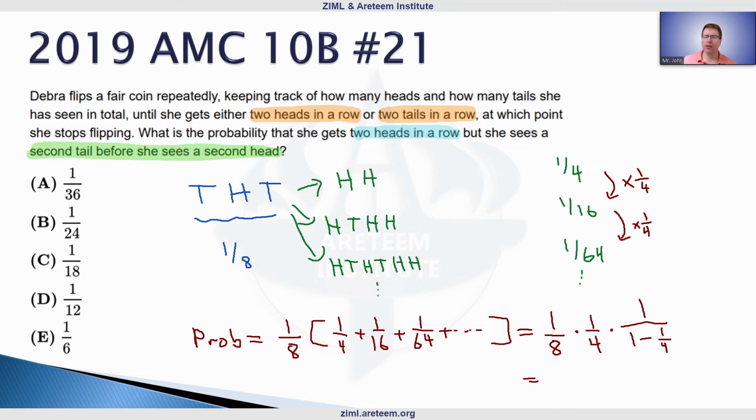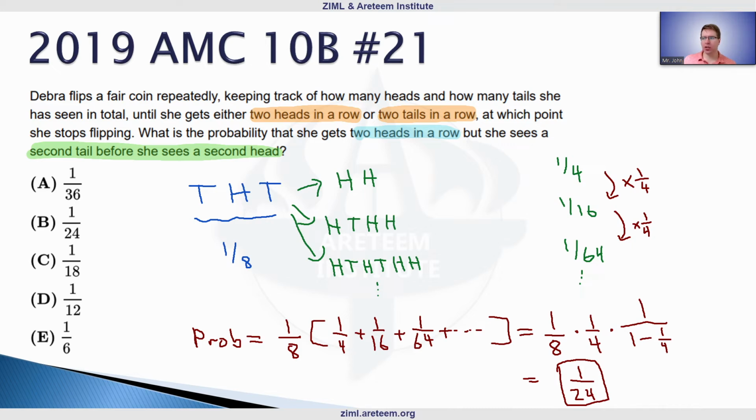So we have 1/32, and then this is times 3/4 there. So the 3/4 becomes 4/3, and so we get 1 over 32 times 4/3. The 4's cancel, 8 times 3 is 24. So we have 1/24 as our final answer here on the bottom.